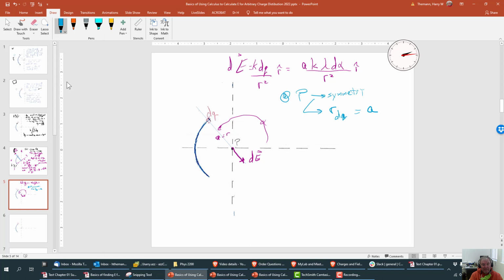It's not that every problem we see is going to be like that. So then we see that our dE is now going to be equal to k a lambda d alpha times r hat divided by a squared. And it's a nice little bit that this cancels.